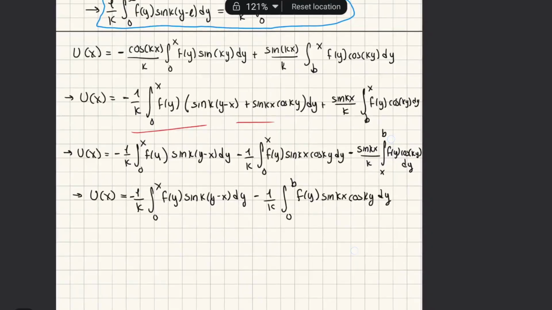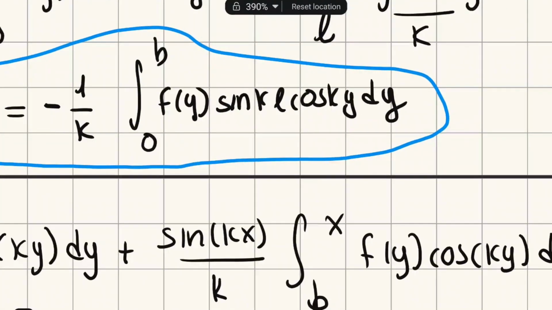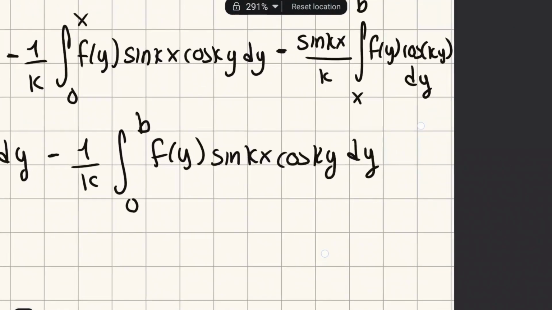Okay, but recall that we had found an expression for the integral from 0 to b of this thing over here. Recall that we have here the integral from 0 to b of f of y and cosine of ky, right? This sine of kL is not too important because we have here the integral from 0 to b of f of y cosine ky, but we have a sine kx here.